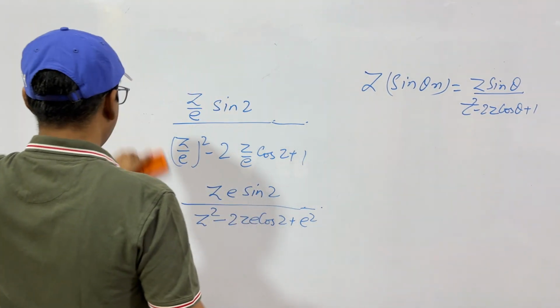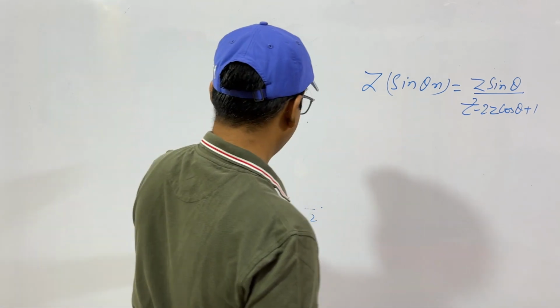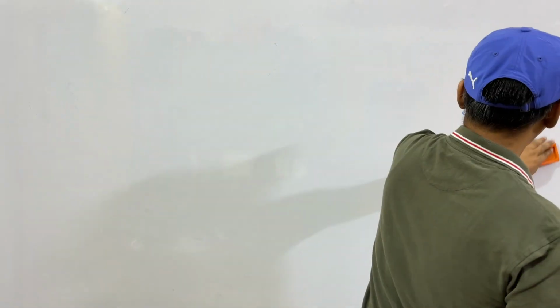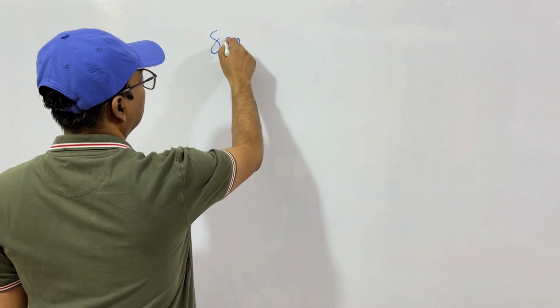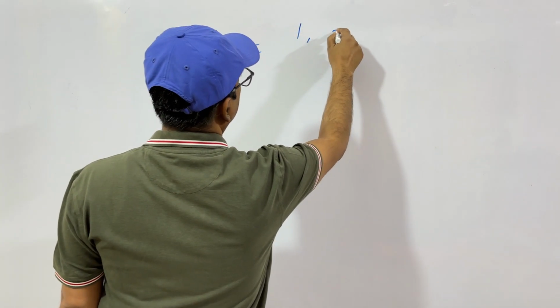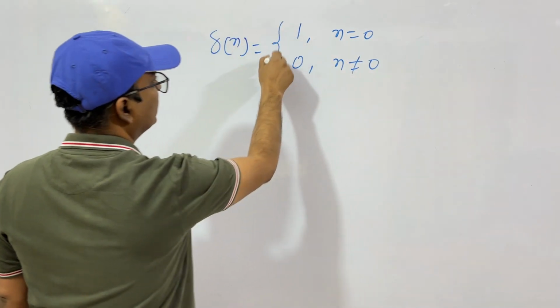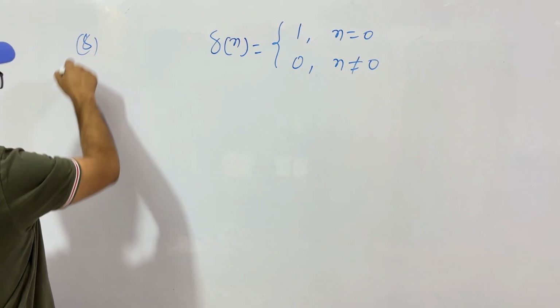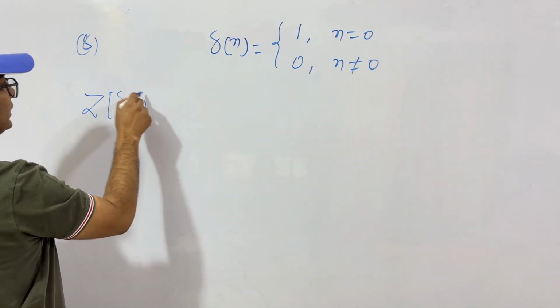Now, what if we have to find the z transform of an impulse function, discrete impulse function? So how do we write impulse function? Delta n, which is equal to 1 at n equal to 0, and it is 0 elsewhere where n is not equal to 0. So let this be our 8th example. What if we have to take z transform of this function?